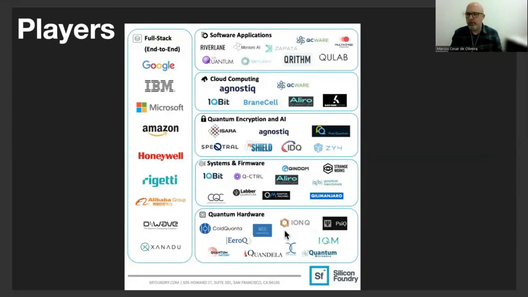This is quite important because we saw an involvement of the academic side with those companies developing new startups that are talking right now about many subjects in quantum technology.